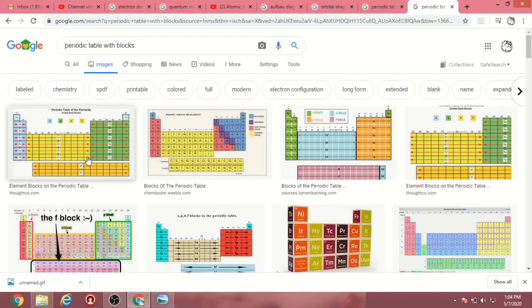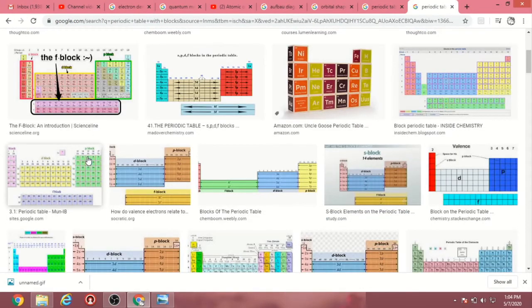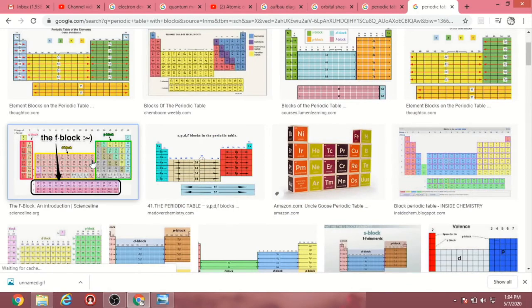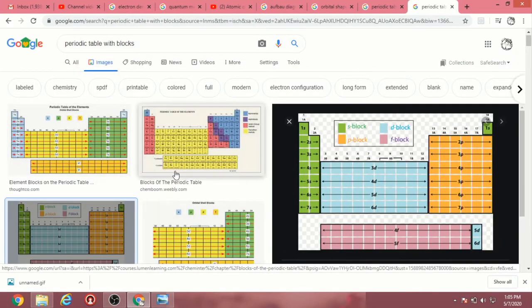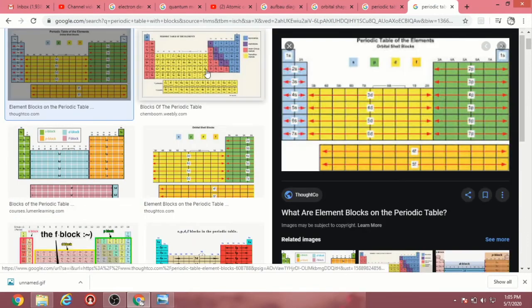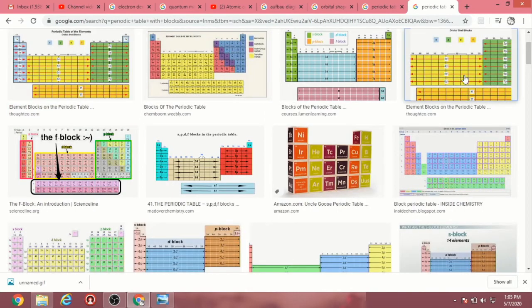Ooh, this one's really nice. No, there was one I really wanted. I like this one, but it's kind of blurry. Forget that then. This one's probably good.